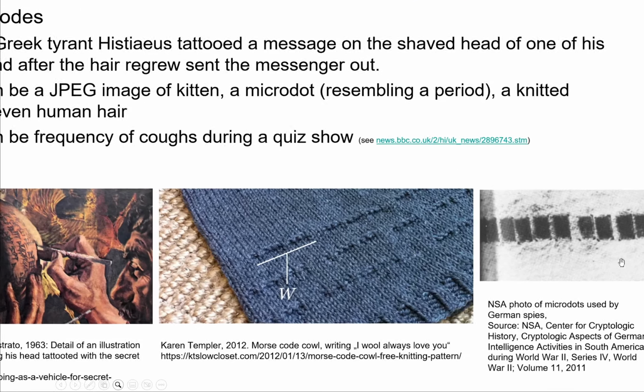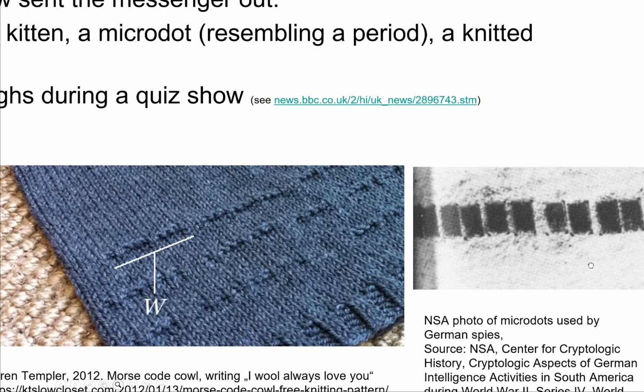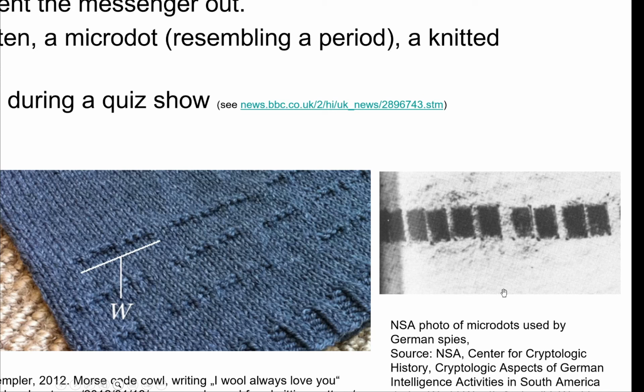So for example, here's a photo of some kind of communication, and the information is not in the blackened part, but in these dots to the left, right, and at the top where the dots are placed. This is also some kind of information that can be used to recreate the original message.